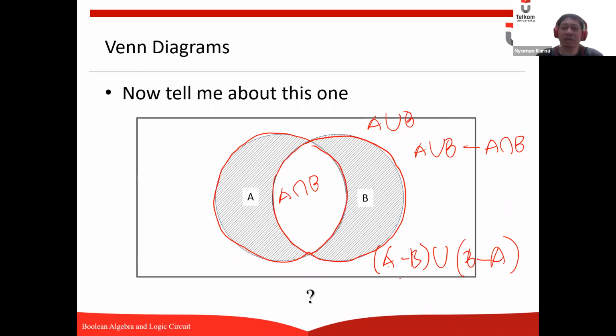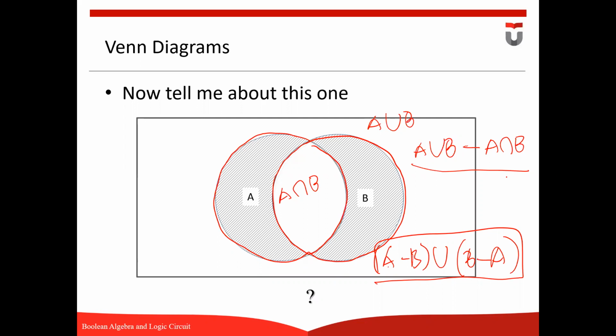We can use A minus B union with B minus A. Or we can use A union B minus A intersect B, because A union B is the big one minus the intersect one.